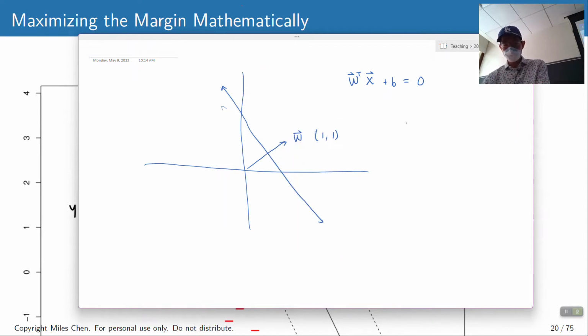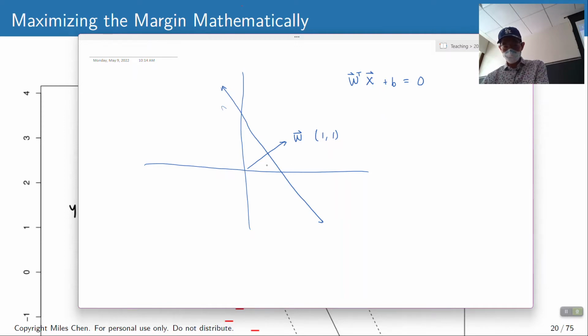So I could have points along this line. Let's say this point is also 1, 1, okay?